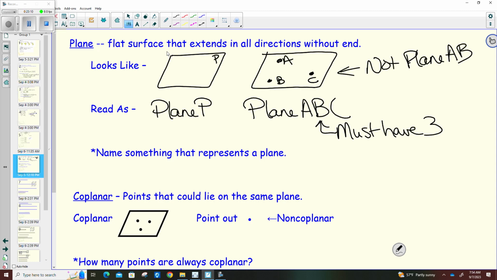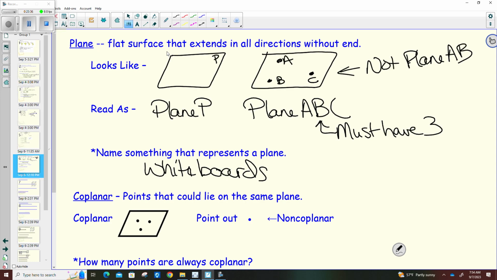So give me something in this room, besides the pieces of paper that I just used as an example, that would represent a plane. Whiteboards, yes. Assuming that when we say this, you realize planes go on forever. So the whiteboard extended. What else? Could have been the little whiteboards, big whiteboard, yeah.